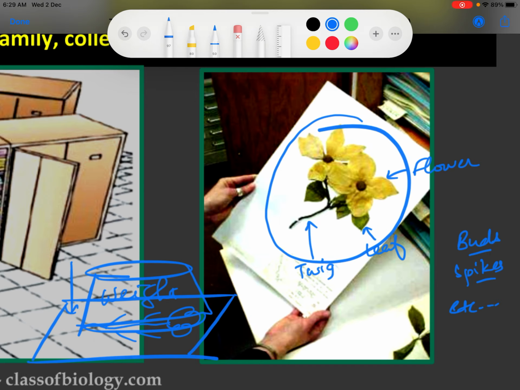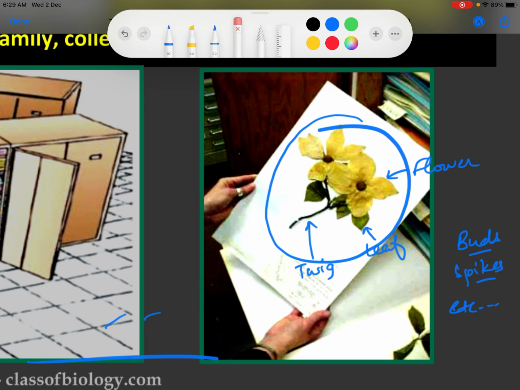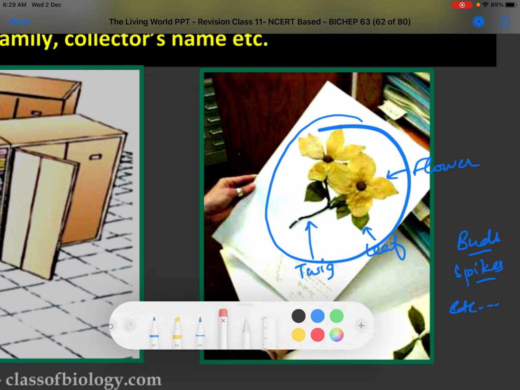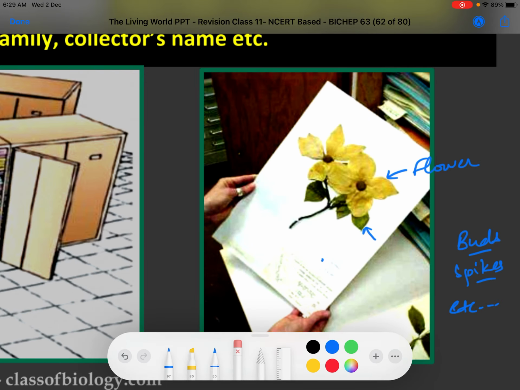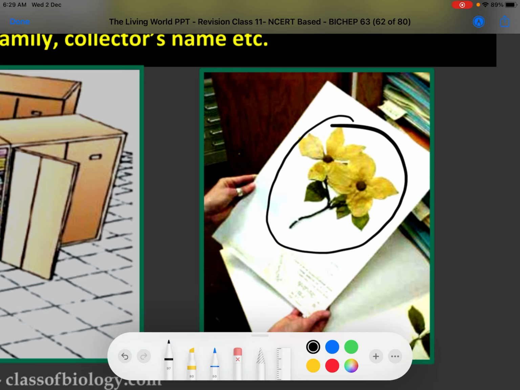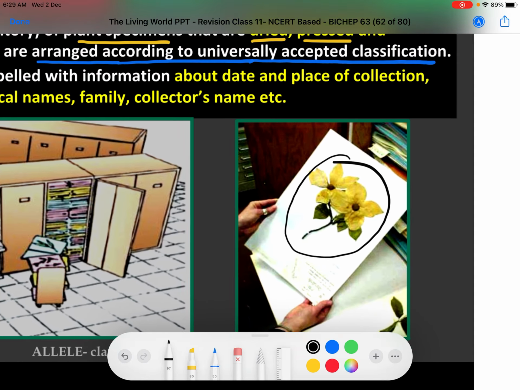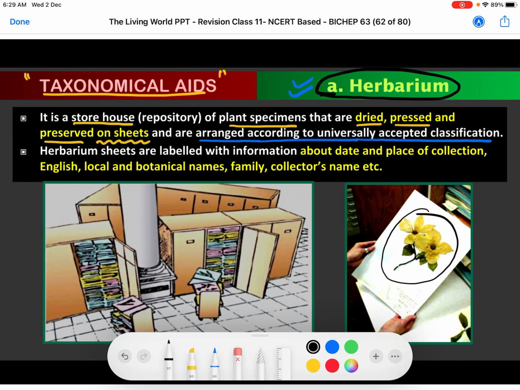it will be dehydrated. So the entire water from the plant will come out and will be sucked by the papers due to the weight, and that is how it will be dried off. So that particular specimen will become very dry. This kind of dried specimen you can produce by putting weight onto them.